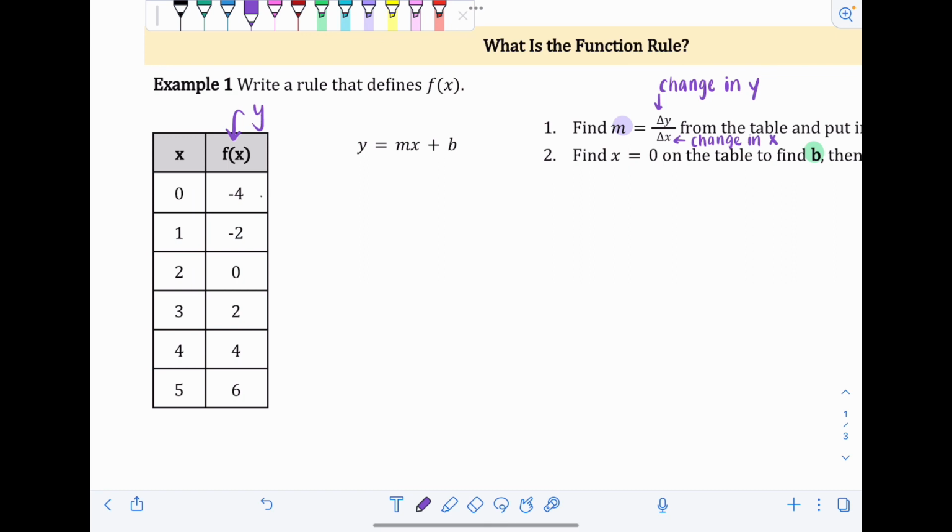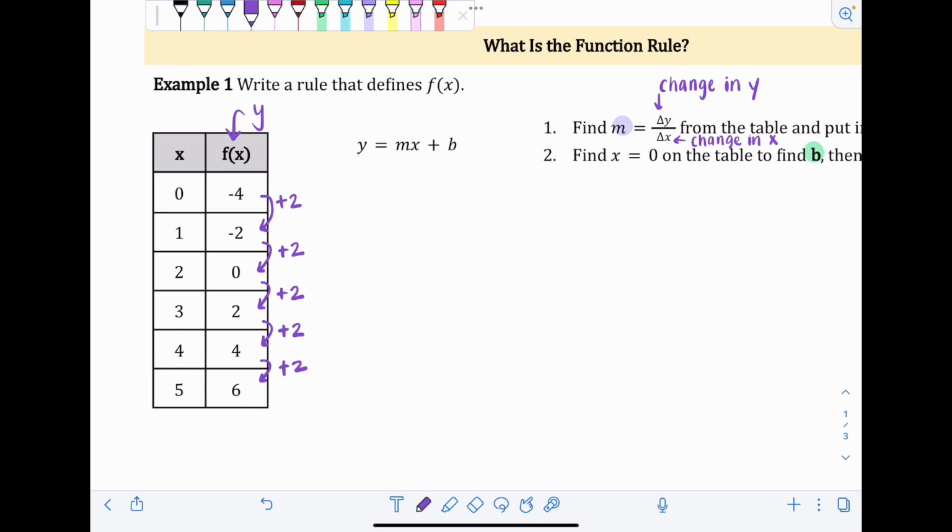Going from -4 to -2, we go up 2. From -2 to 0, up 2. From 0 to 2, up 2. 2 to 4, up 2, and 4 to 6, up 2 also. So that's our change in y.